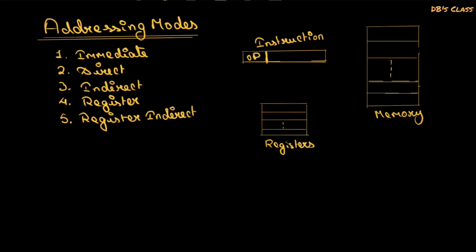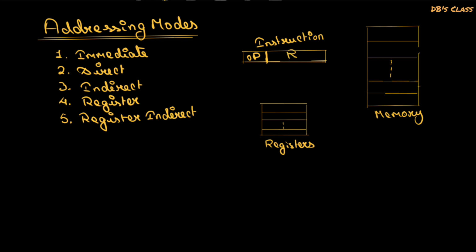To move further with the last two addressing modes, I have added another block, the register block. It is basically the set of registers present within the microprocessor. Now, in register addressing mode, we have the register within the instruction.